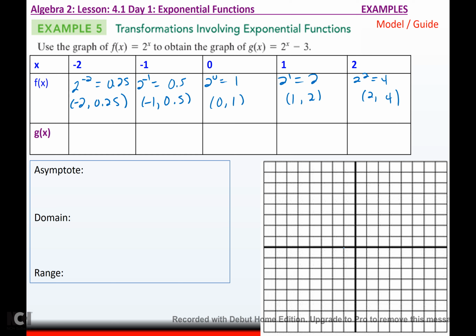So if I plot those, negative 2, 0.25, negative 1, 0.5, 0, 1, 1, 2, 2, 4. There's mother. That's y equals 2 to the x.